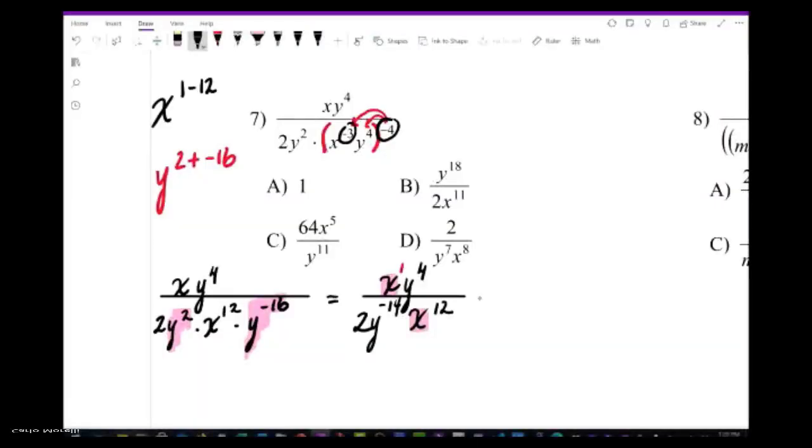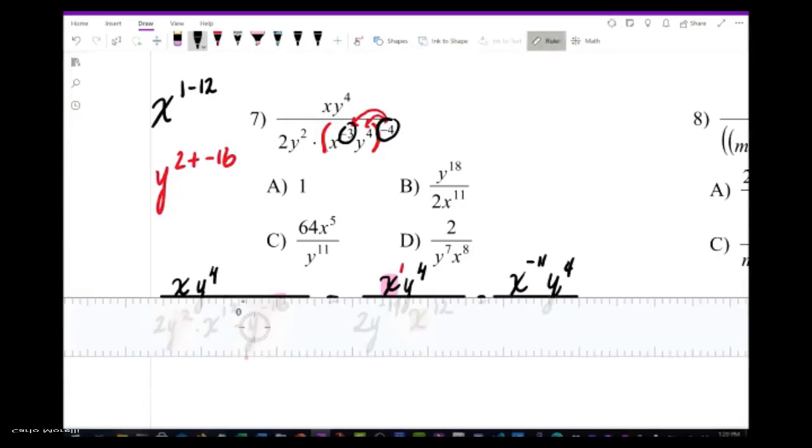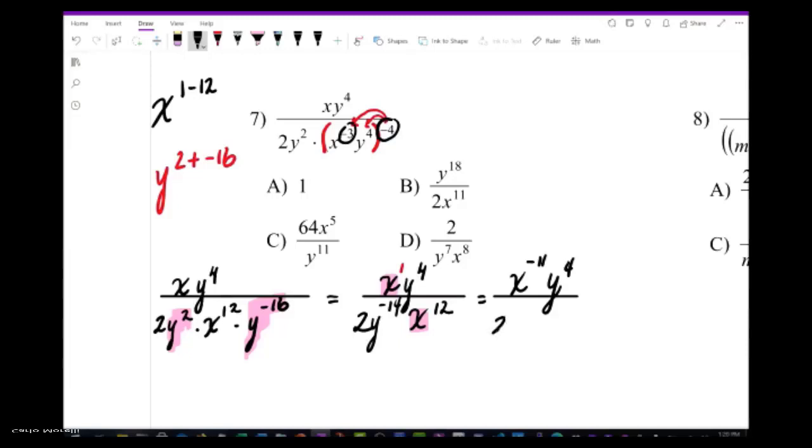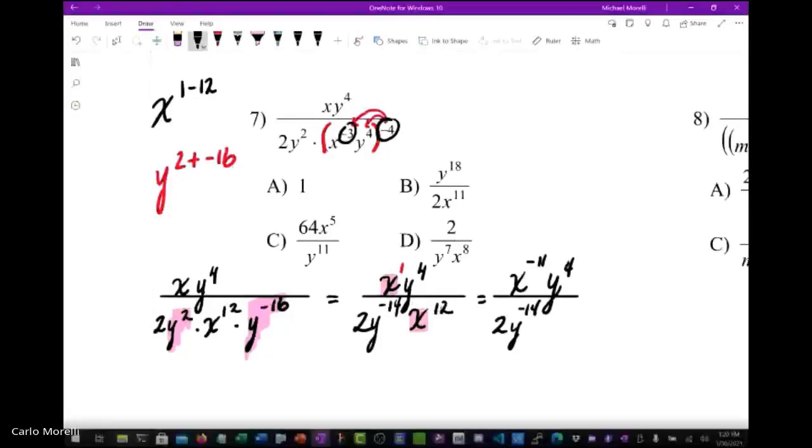That gives me x to the negative 11th power, okay? So we're just going to write x to the negative 11th power. We'll deal with that in a second. Y to the 4th over 2 y to the negative 14th power, and nothing else because we dealt with the x in the denominator already.